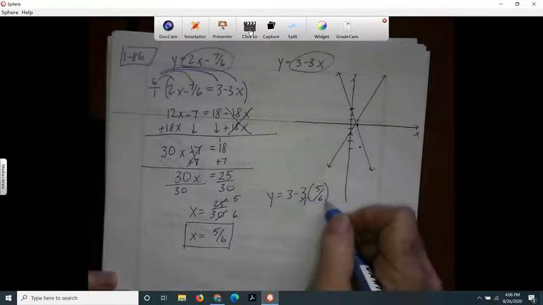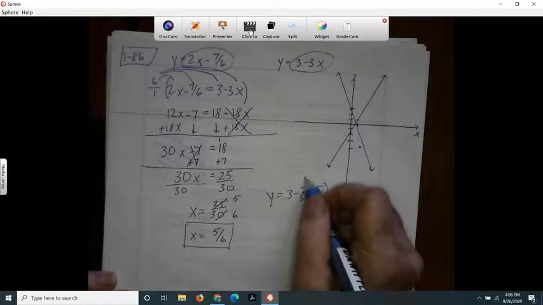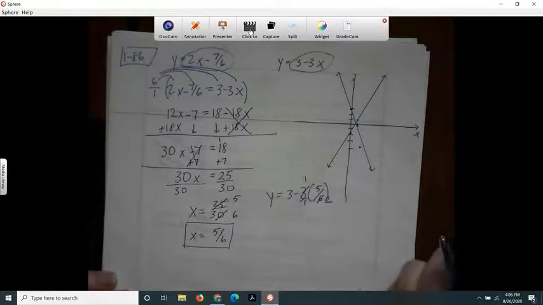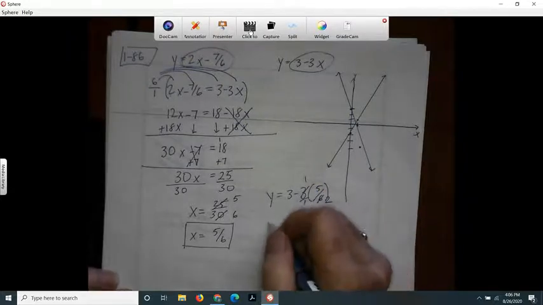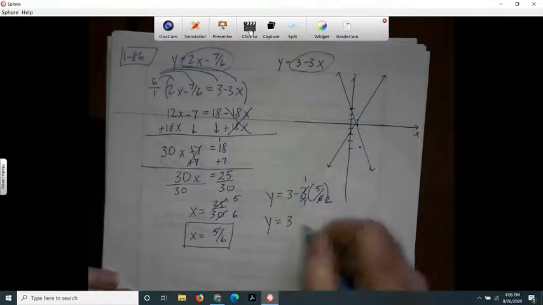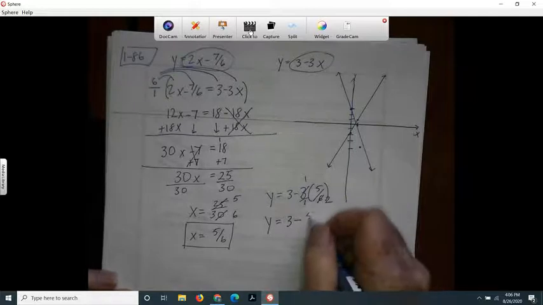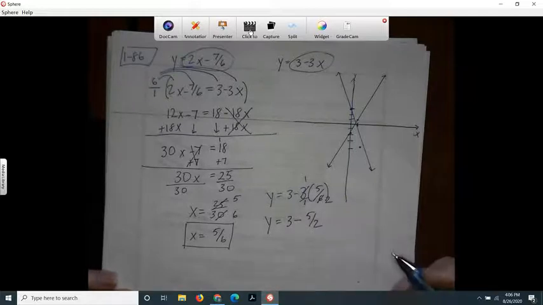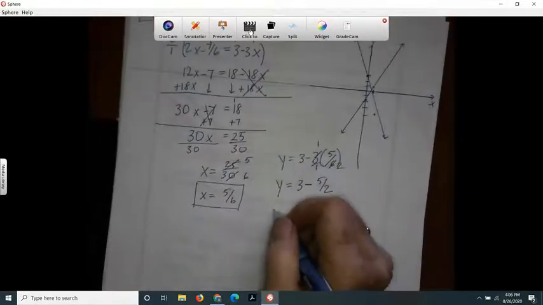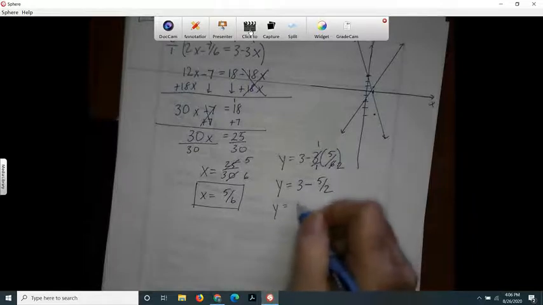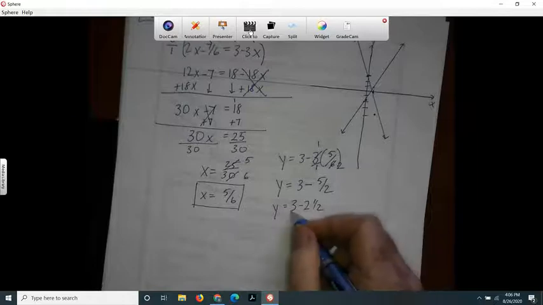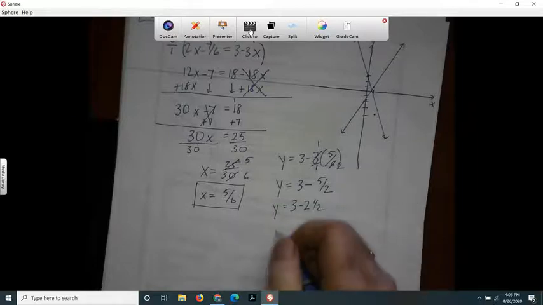I'm going to do that, and I get 5/2. So now I have y equals 3 minus 5 halves. 5 halves is 2.5 though. So if I have 3 and I subtract 2.5, I think y is just 1/2, like that.